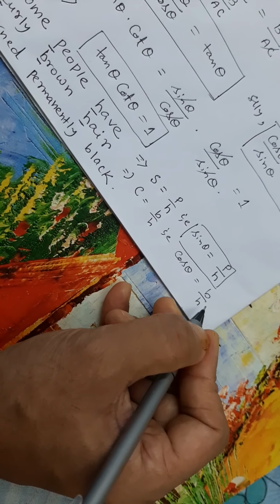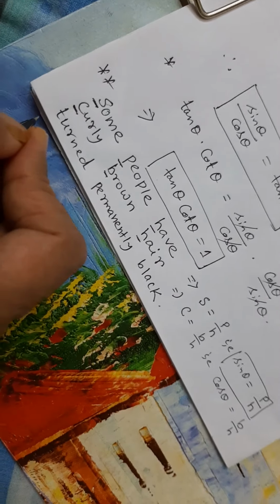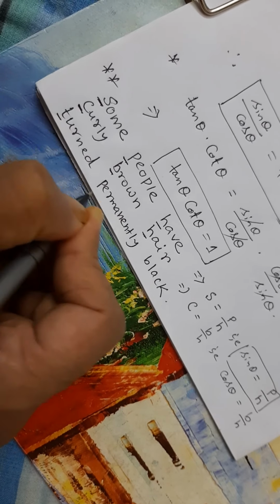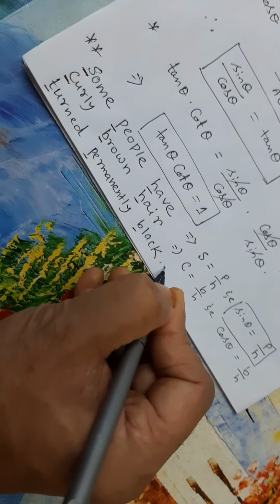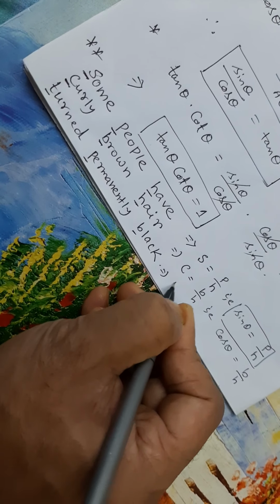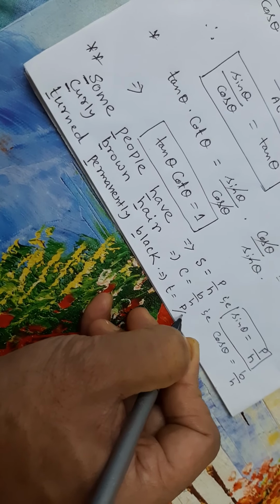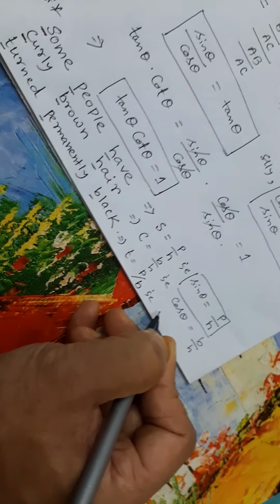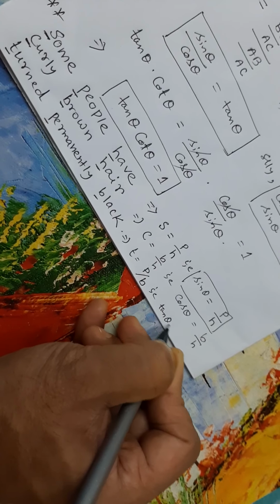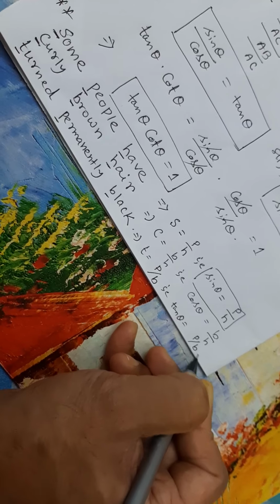So cos theta equal to base by hypotenuse. Then the third line is turned permanently black. Turned T, permanently P and black B, first letters. So T equal to P by B. That is T for tan theta. So tan theta equal to perpendicular by base.